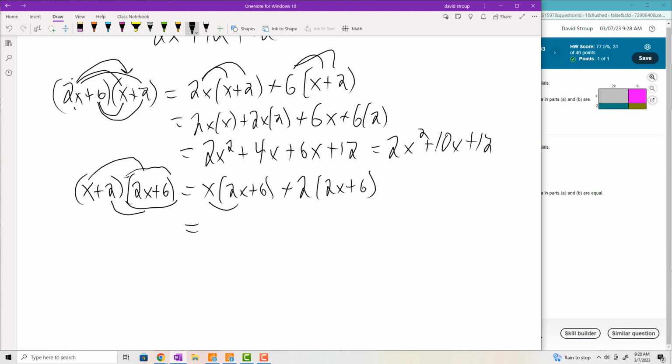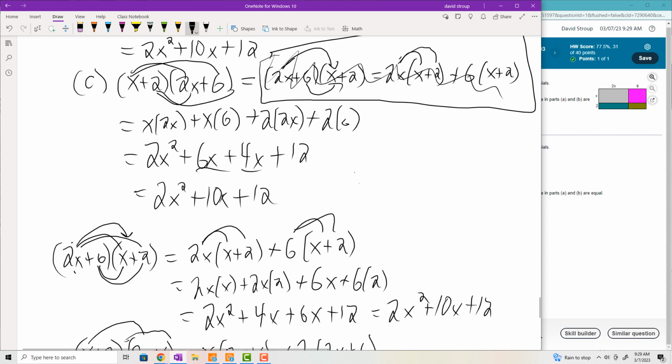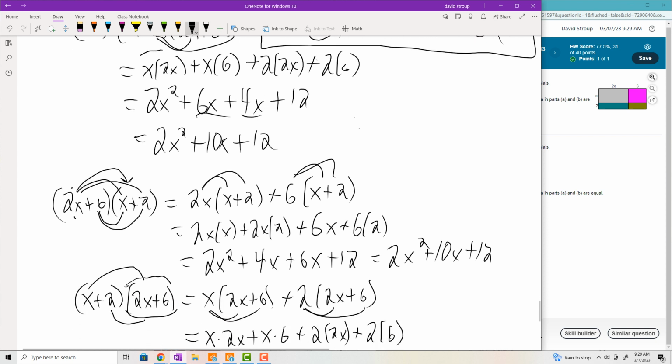And then you have to distribute these. So 2x times x, or x times 2x, plus x times 6, and then plus 2 times 2x, plus 2 times 6. And if you look above, that's exactly this right here.